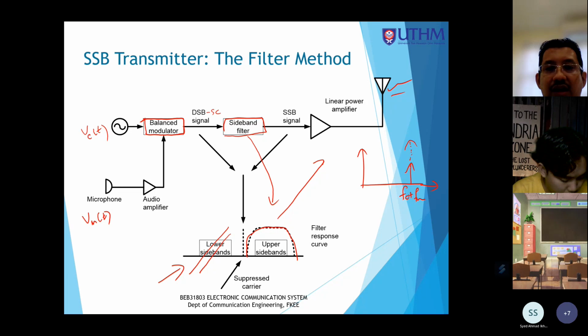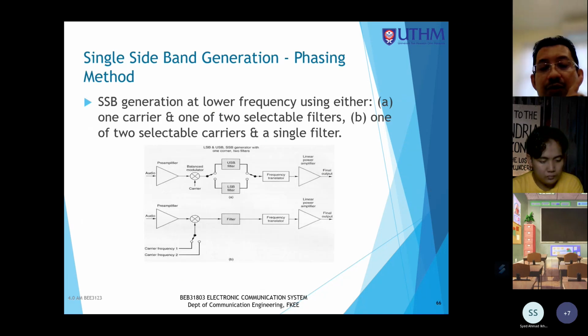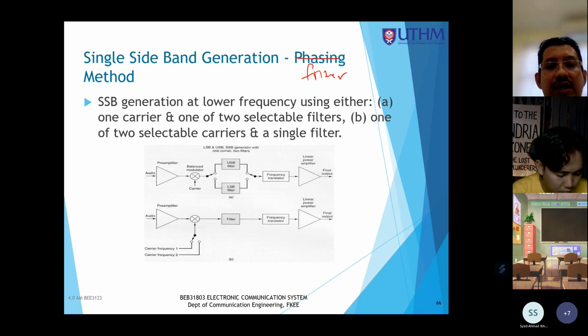Dan ada juga filter method yang kedua. So ini sebenarnya masih filter method. Dalam kes ini dia menggunakan dua jenis filter kalau you lihat dalam gambar rajah A. Ini adalah VMT, input audio, and then we have the carrier over here. Dan kita ada switch di sini yang memilih dua jenis filter.